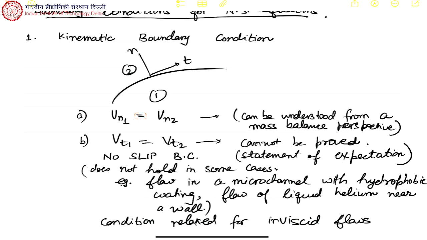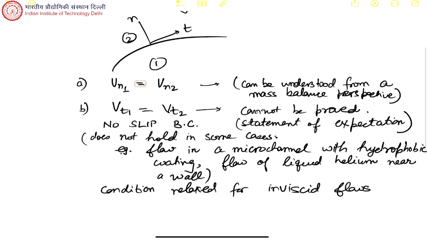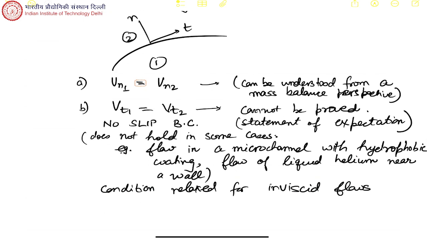And this does not stay only with the fluid. Even at the boundary, we expect the same behavior, that velocity on both sides will be the same. And this is what we call the no-slip boundary condition. Now, firstly, under some situations, this condition does not hold.